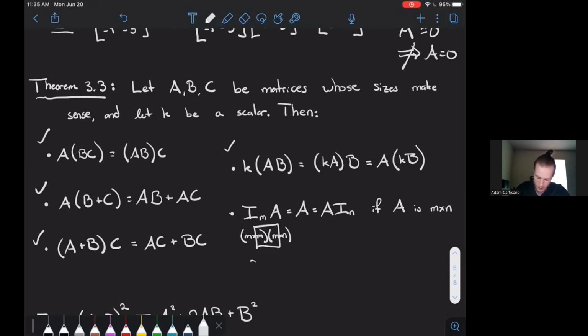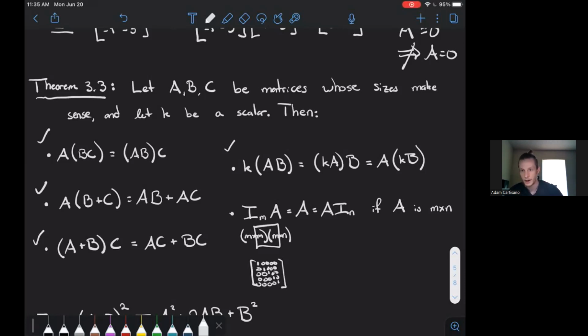Remember, the identity matrix is the one that's ones on the diagonal and zeros everywhere else. I don't know why I did 5 by 5, geez. Okay, that's the identity matrix, where m is the number of rows that A has.